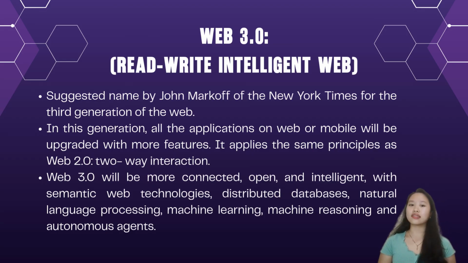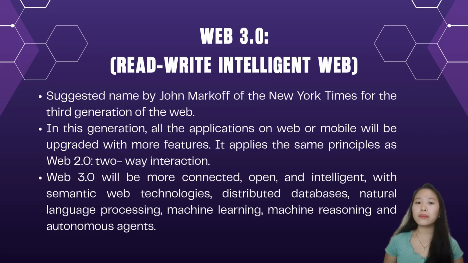The next one says, Web 3 will make the web more connected, open, and intelligent through various technologies. It will use semantic web technologies, distributed databases like blockchain, natural language processing, machine learning, machine reasoning, and even autonomous agents, programs that can make decisions and act independently.